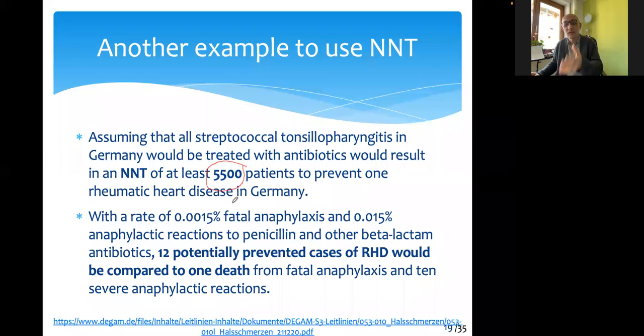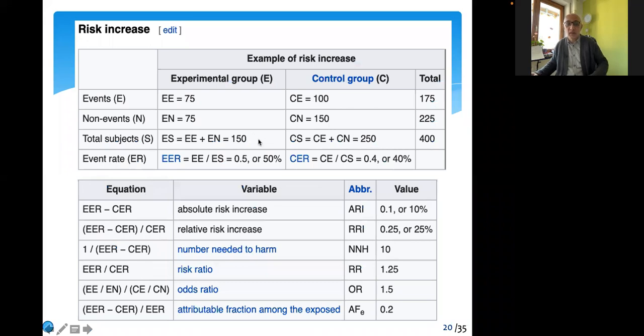If you have this kind of very high number, and besides, the medication you are administering, in this case penicillin, has some complications, then of course the Germans advise against administering antibiotics for sore throat to prevent rheumatic fever. Okay, I hope that made it clear to understand.